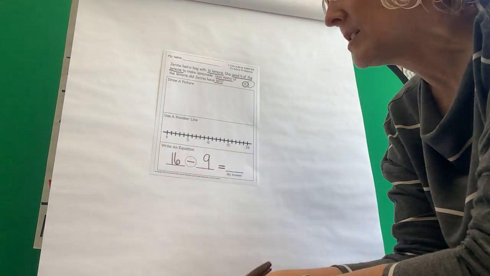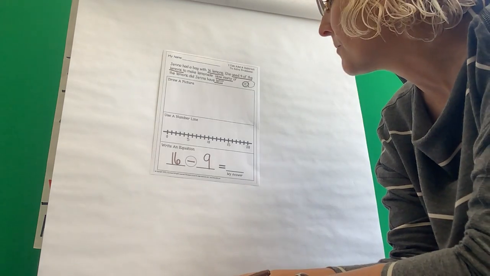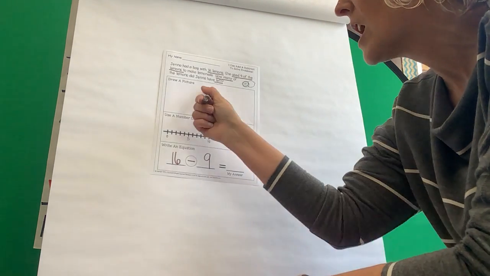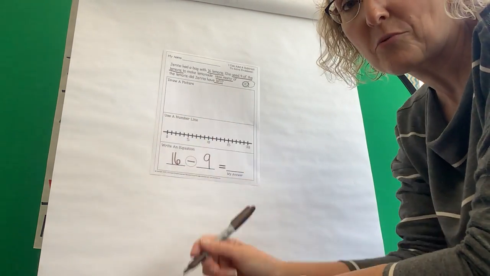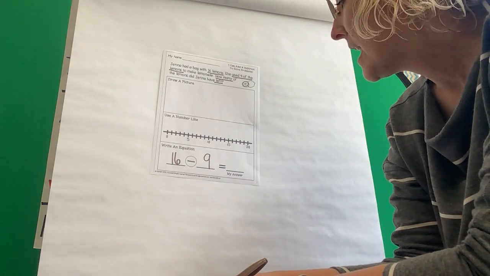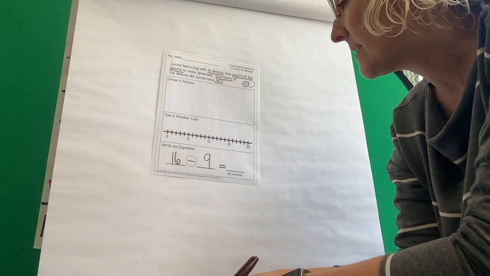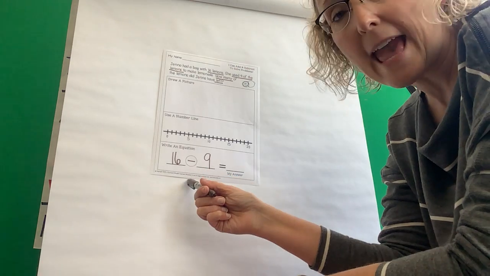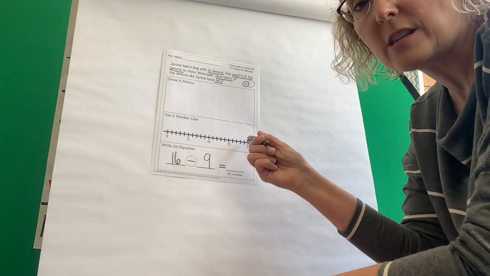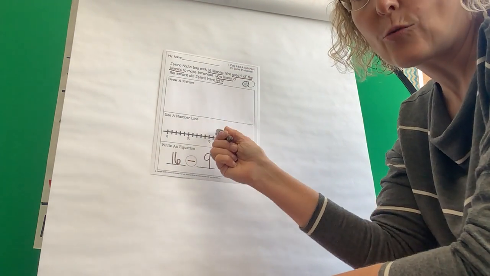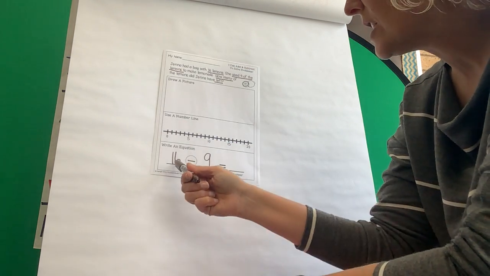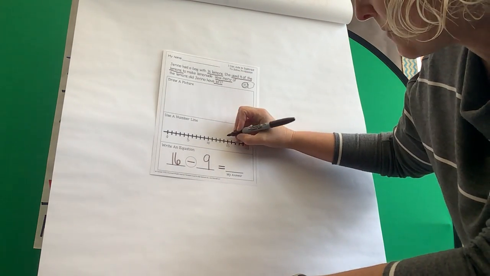I don't know 16 minus 9 right off the top of my head, so let's use some strategies to represent the problem to help us out. Let's start with the number line because I like that. If I'm taking away, instead of hopping forwards, I'm going to be hopping backwards, right? We're going to start with 16, which is 1 past the 15.